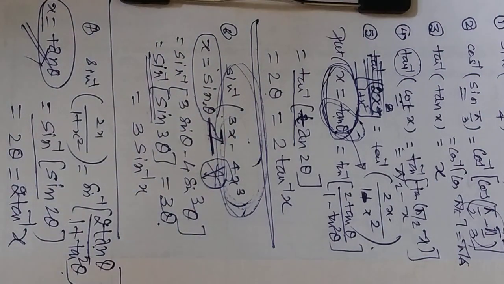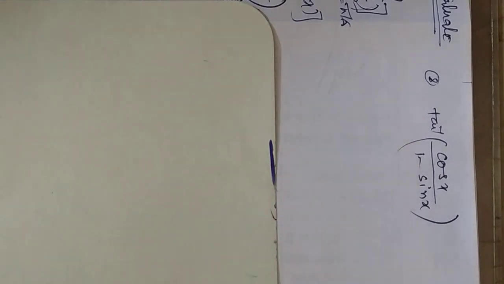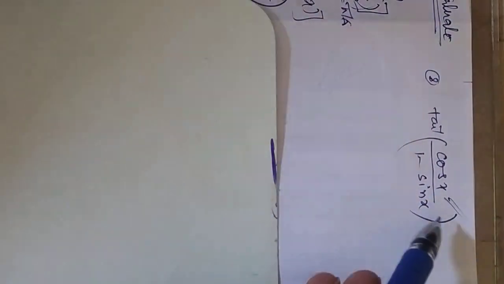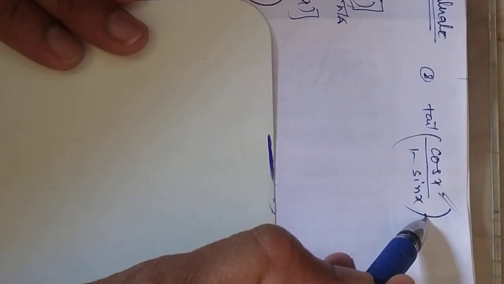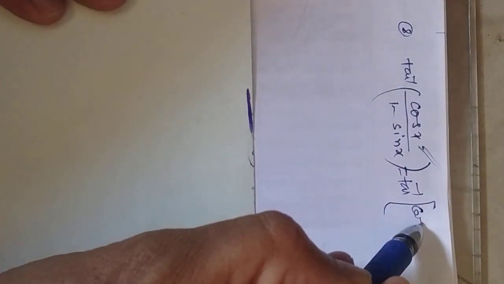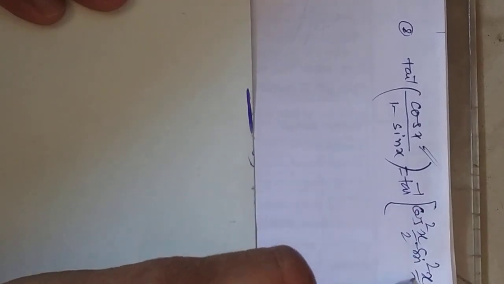But in some cases it may be possible the question will be given in the form of this. Look at this question. Tan inverse cos x upon 1 minus sin x. In such case, there is no replacement as such, but you have to simplify this. Now, how is the approach for this question? Tan inverse I am keeping as it is. I am writing cos square x by 2 minus sin square x by 2.